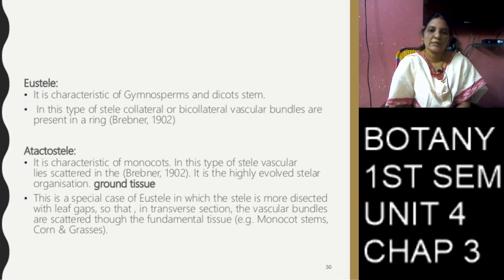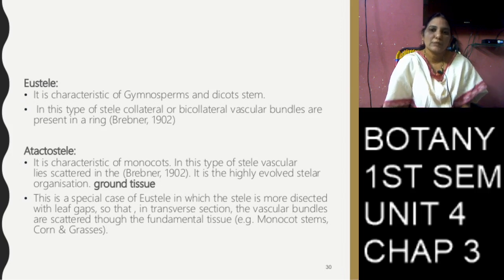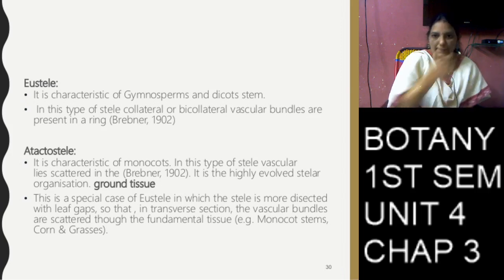So the vascular bundles are arranged in so many rings, ring-like structures. So many, 3 or 4 ring-like structures, or only one ring-like structure. So that type of stele is called eustele.